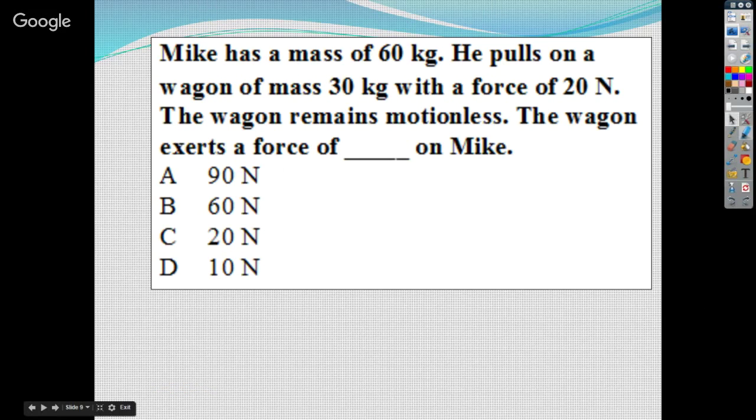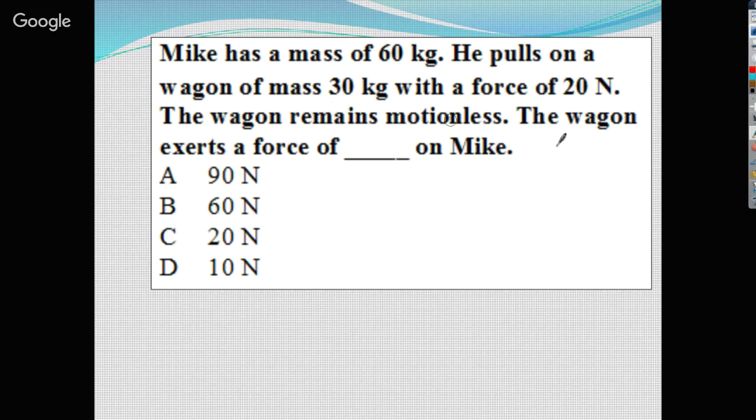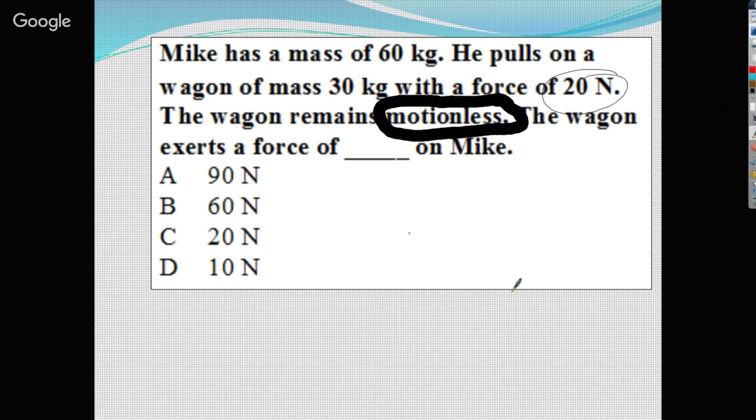All right, and these are just throwbacks, so we're going to go through them rather quickly. The key word here is motionless. Motionless. That means if Mike is pulling on the wagon with a force of 20 newtons, so here's the wagon, and Mike is pulling on it with 20 newtons, but it doesn't move, what must the wagon be doing?